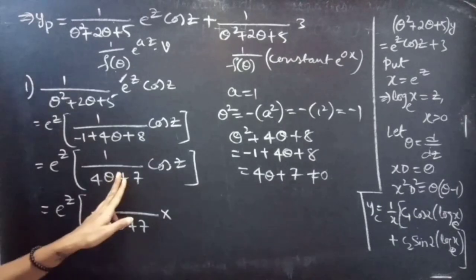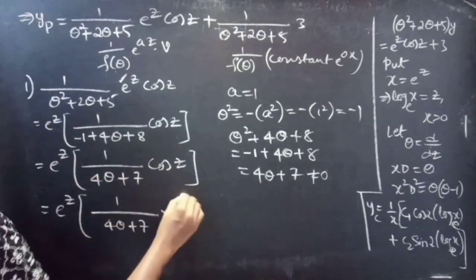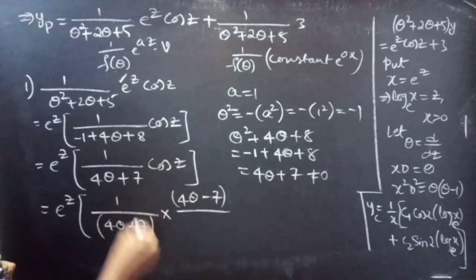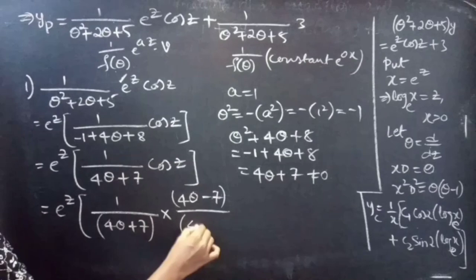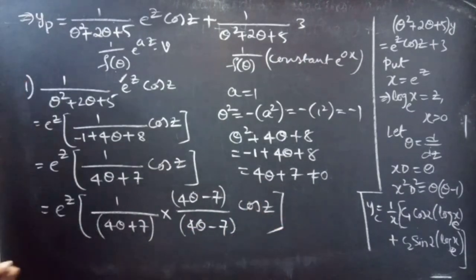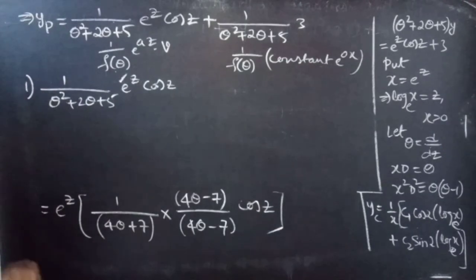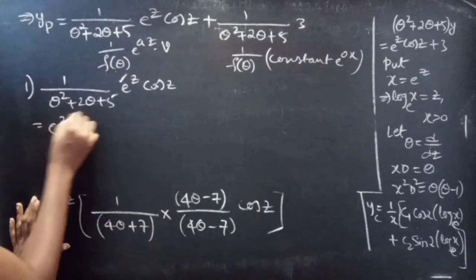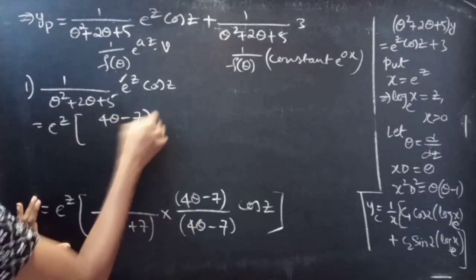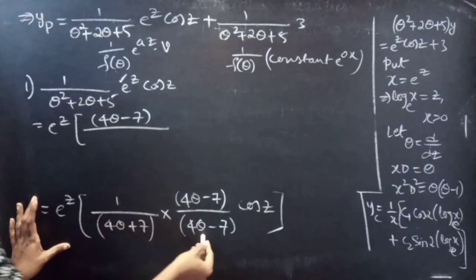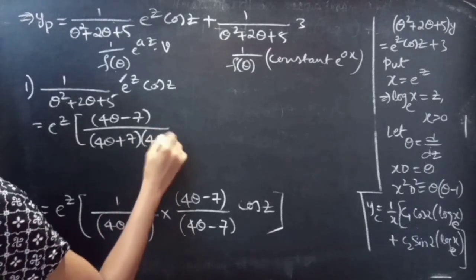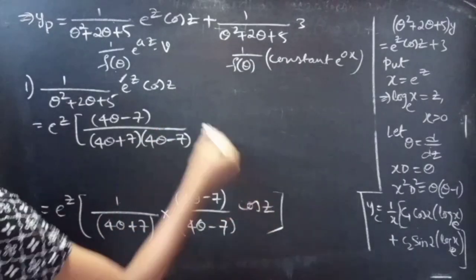Now, just replace this plus by minus, then we'll get 4 theta minus 7. Now multiply and divide this fraction by 4 theta minus 7. This becomes e power z into 1 into 4 theta minus 7, that is 4 theta minus 7 by 4 theta plus 7 into 4 theta minus 7, into cos z.